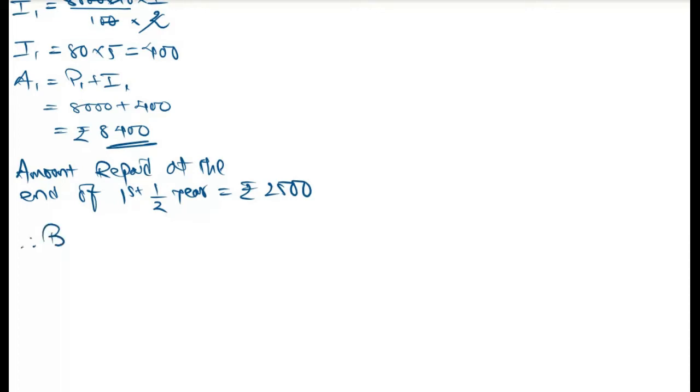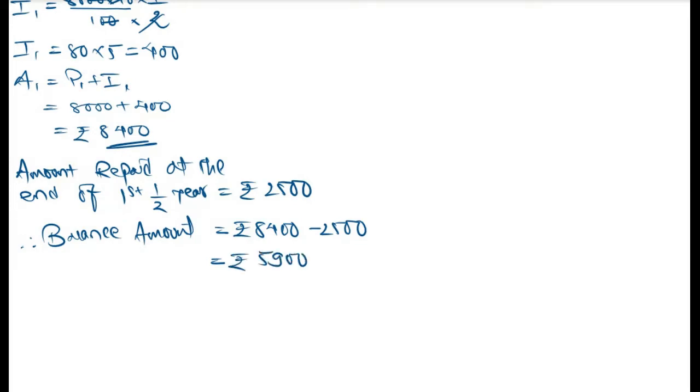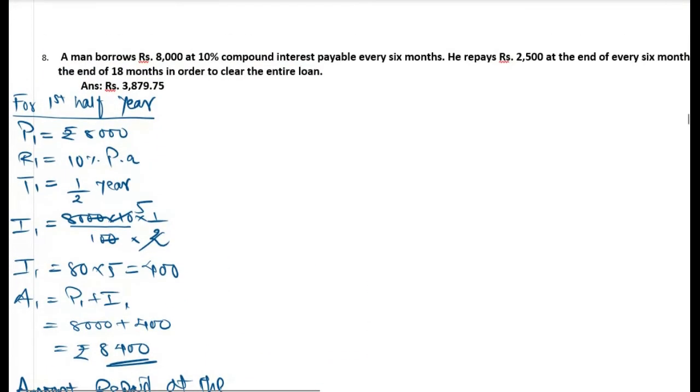Therefore, balance amount is equal to rupees 8,400 minus 2,500, right? So what is 8,400 minus 2,500? 5,900. This is the balance amount at the end of first half year.